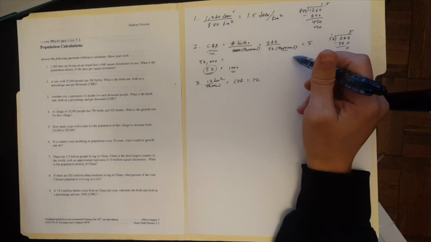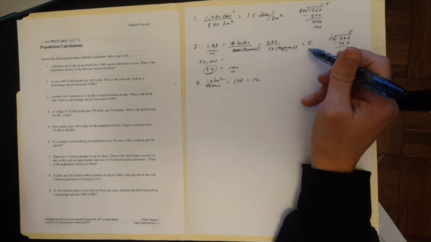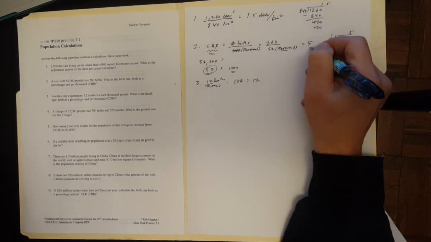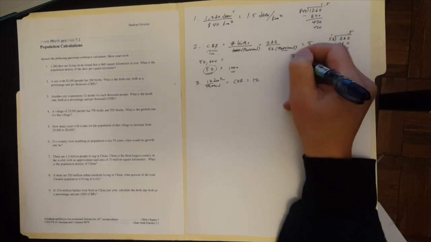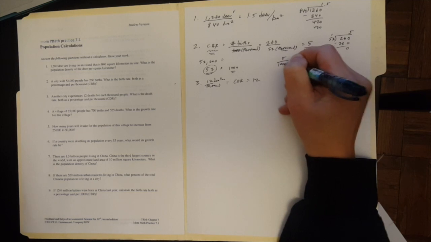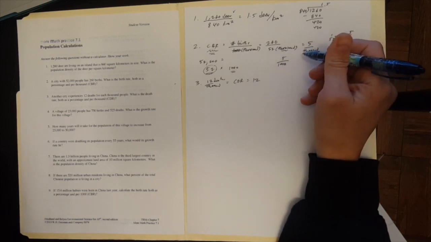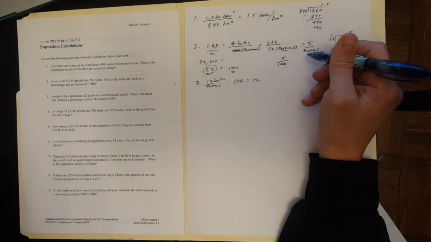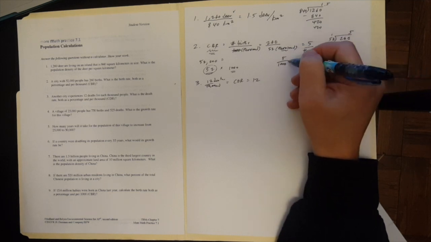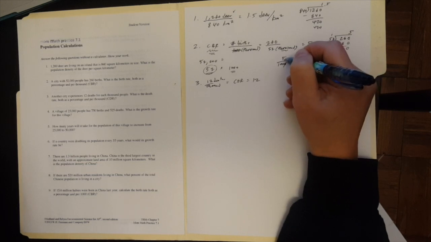We don't usually just do the percent birth rate, but let's go back to this and talk about that quickly. So remember that the CBR is 5 per 1,000. It also means 5 per 1,000 people. So percent is just out of 100, right? So the way that you do this is, you would eliminate the decimal places.